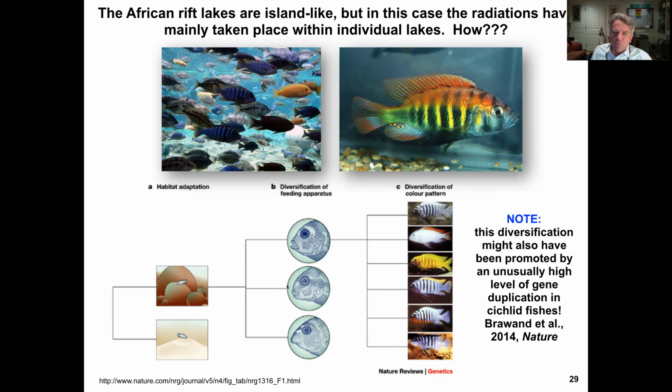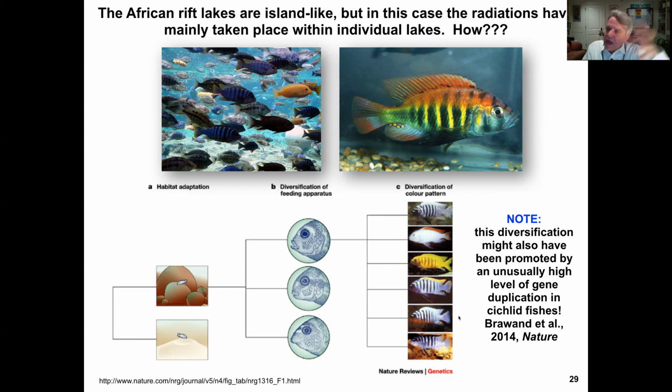So diversifying rocks, having different oral morphologies that are correlated with eating different things. Then within each of these oral morphologies, we have diversification of color pattern. And there's parental care in cichlids. And so male-male interactions and female choice are very important in setting up reproductive boundaries between closely related species.